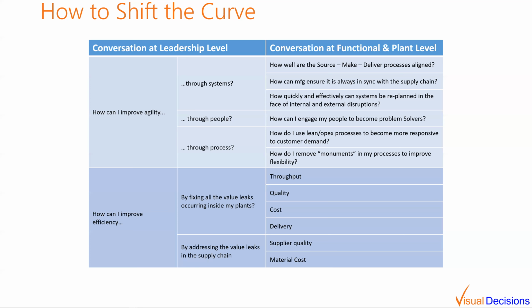So how do I identify and fix those? And within the broader supply chain, if I look at supplier quality or material costs, how can I address those things and identify and eliminate those? So when we're looking at shifting the curve, in a lot of these conversations we have to keep both of those mindsets in mind as we look for solutions.